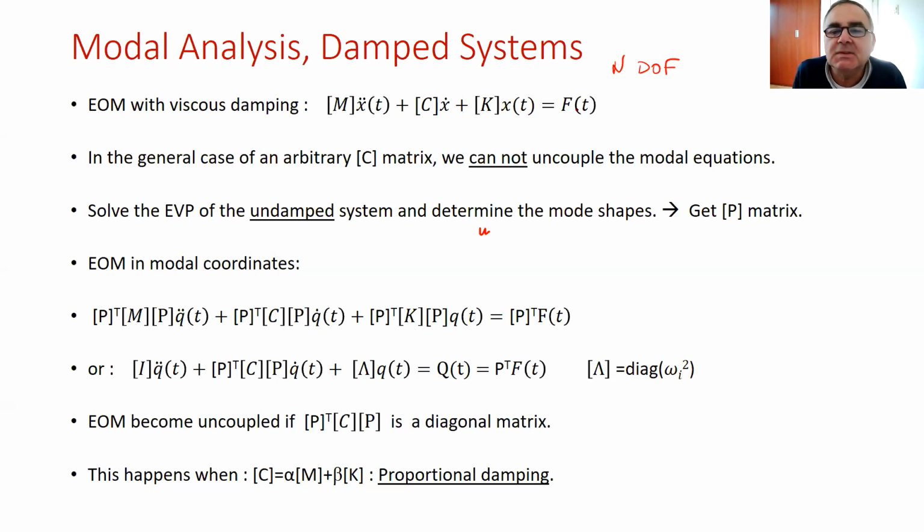That is, for a general case of an arbitrary C matrix, if you form the equations and find out the results, we cannot uncouple the modal equations if C is not of a special form. If C is a general C matrix, it's really not possible to uncouple the equations. So you have to do something else.